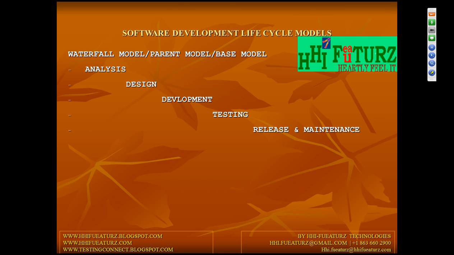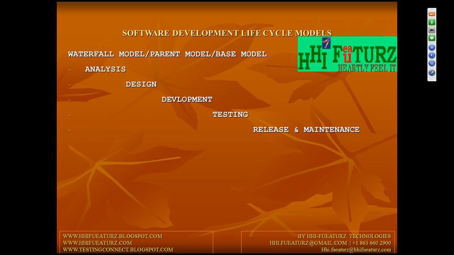There are so many life cycle models available, right? For all those models, all these phases you will come across, but in a slightly modified or customized way. That is the reason all those models were born from the waterfall model, and why the waterfall model is considered the parent model or base model.